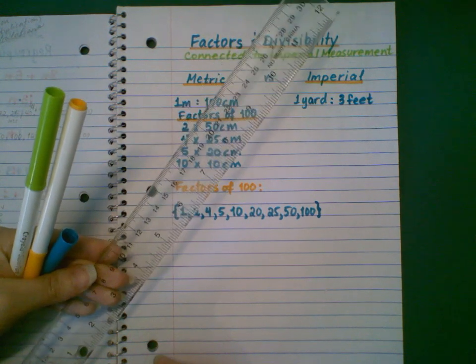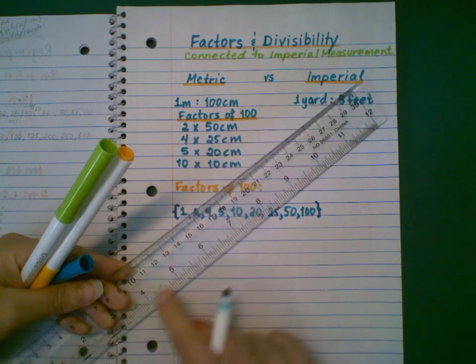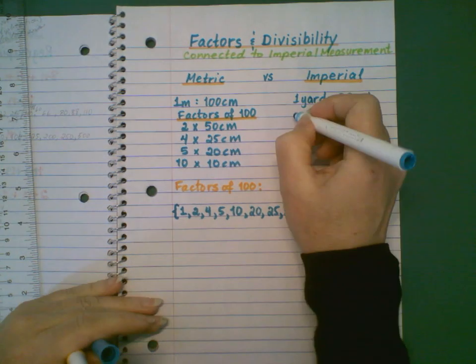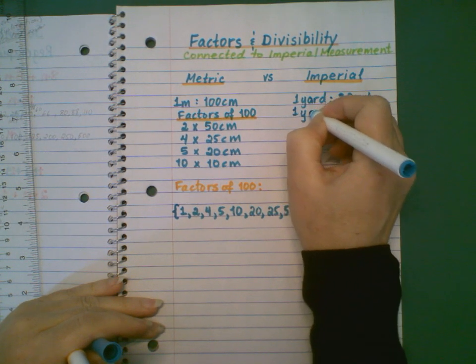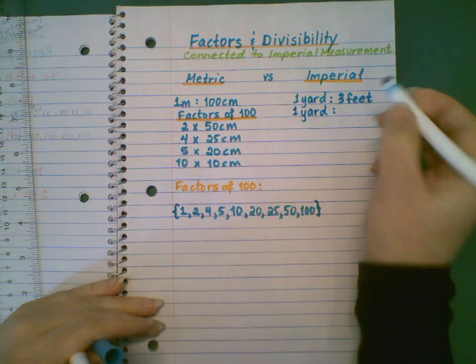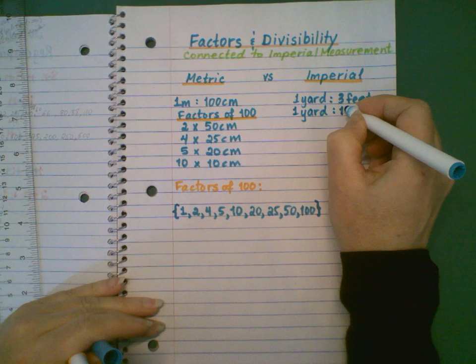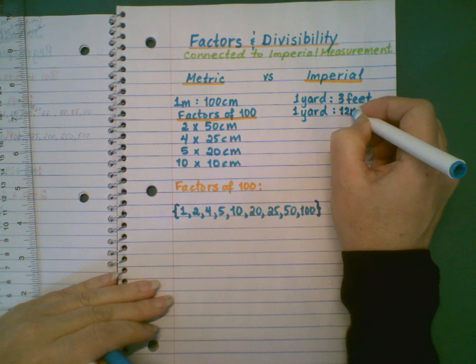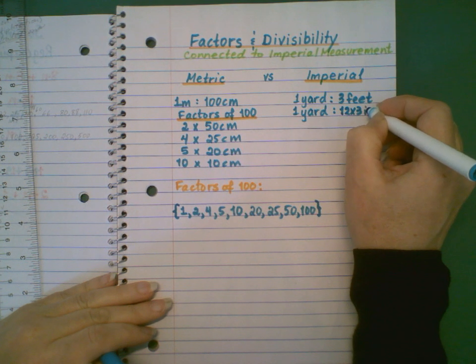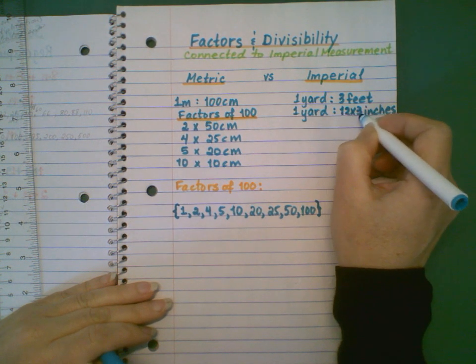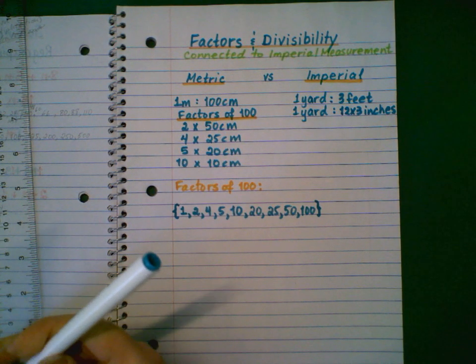And this is a 1 foot ruler here that I've got. 1 foot contains 12 inches. So I can do a second conversion here and say that 1 yard contains 12 times 3 inches. Right, 12 inches times 3 feet.